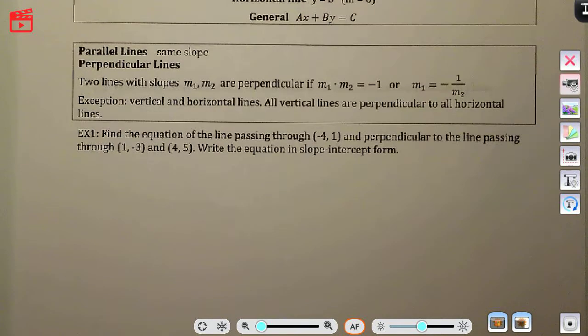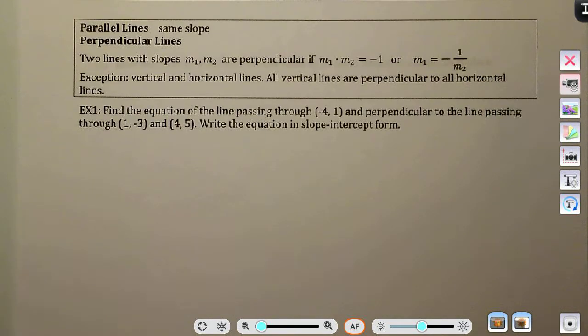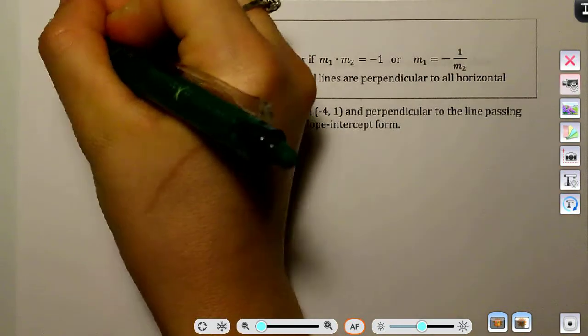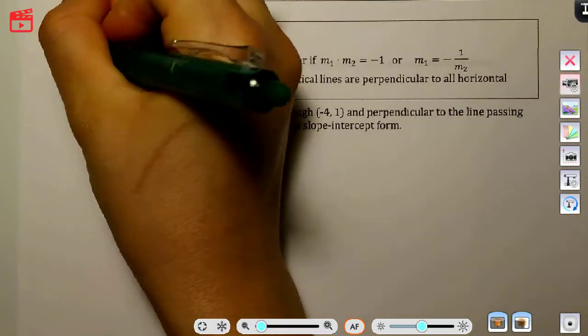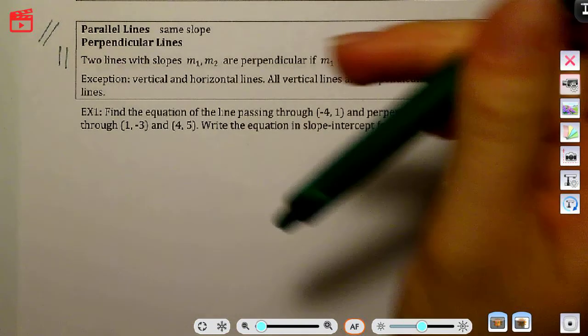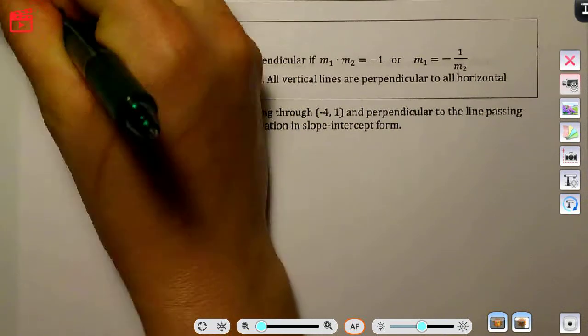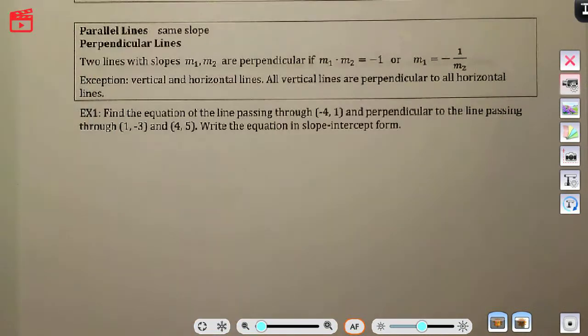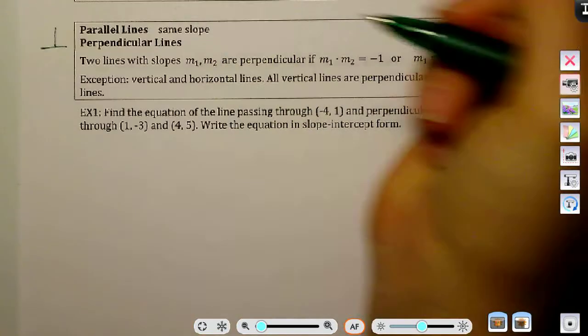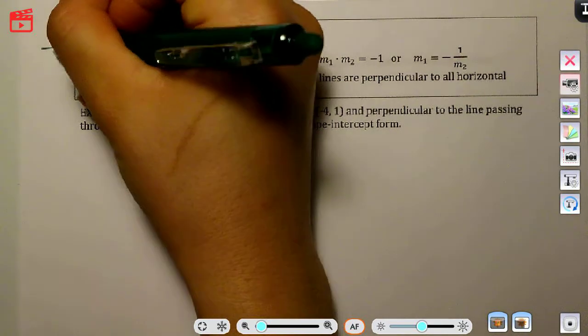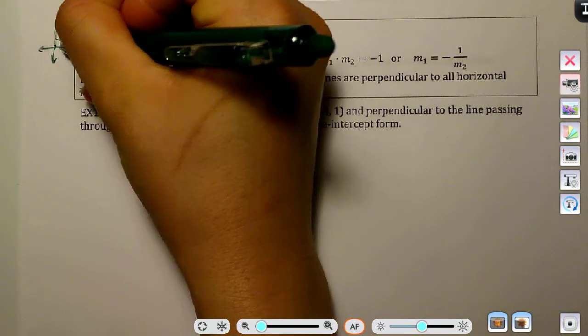All right, some other pieces of interesting information. So parallel lines, remember this is a parallel line, anything like that, or maybe like that. Parallel lines have the exact same slope. So if two lines are parallel, they'll have the same slope. Perpendicular lines, however, for example, those would be two perpendicular lines. They cross each other and create a 90-degree angle.